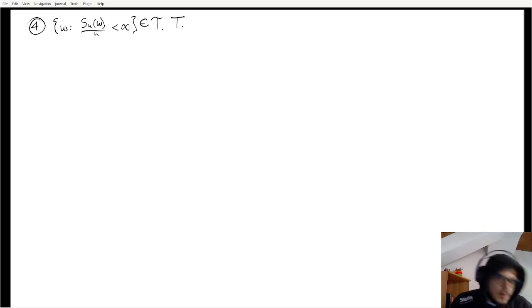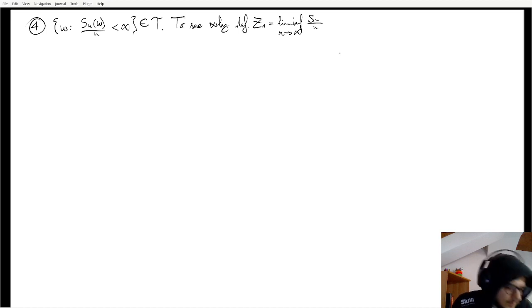Okay, so to see why, define Z1 to be the limit inferior for n going to infinity of Sn over n, and Z2 to be the lim sup of the same quantity for n going to infinity of Sn over n.